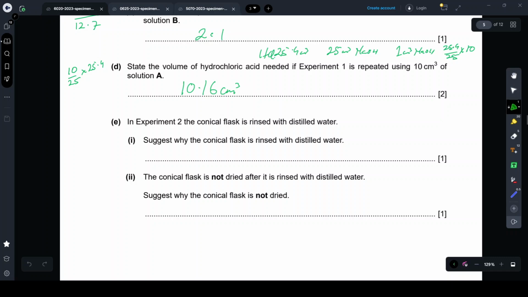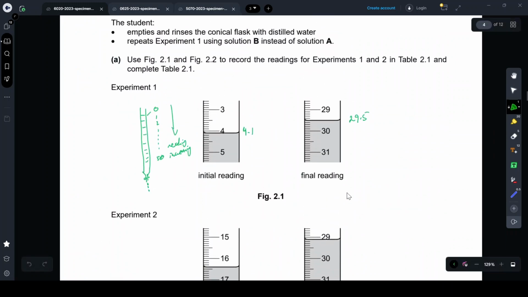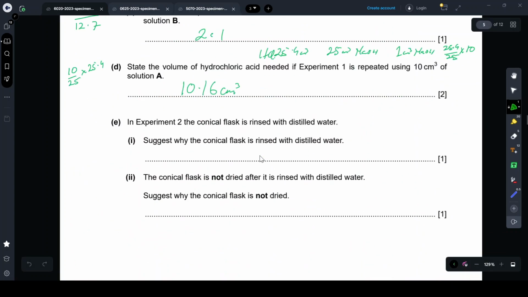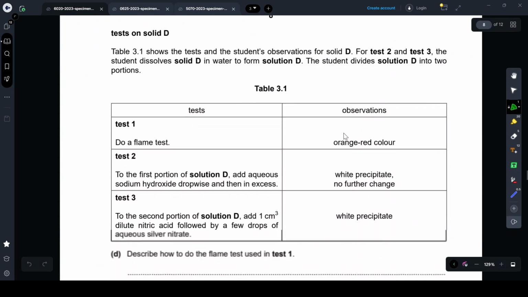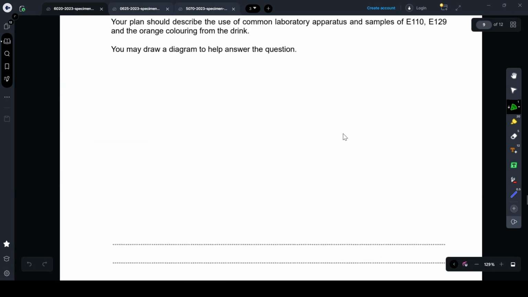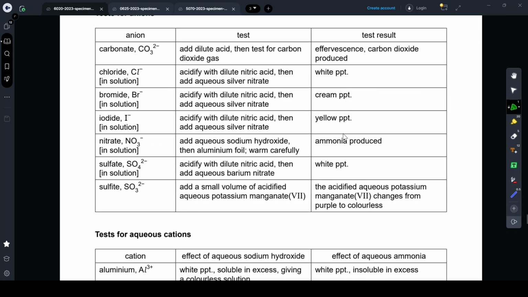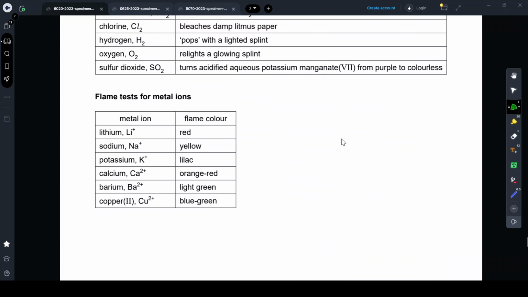So in experiment 2, which is the one with solution B, the same titration with solution B of sodium hydroxide, the conical flask is rinsed with distilled water. By the way, for your ATP, the good thing is that over here you have all your tests: test for anions, test for aqueous cations, test for gases, and flame tests.